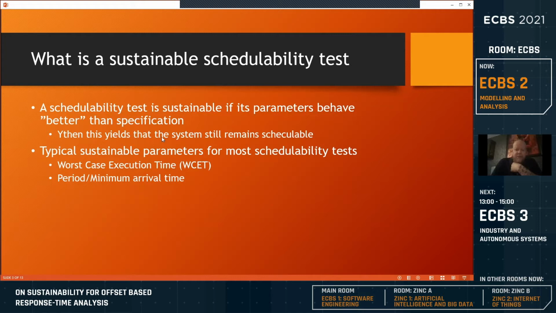For example, worst case execution time. As long as the execution time is lower than the worst case, then the schedulability test still holds valid.